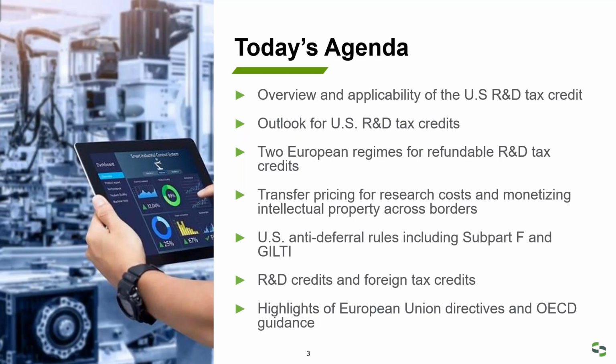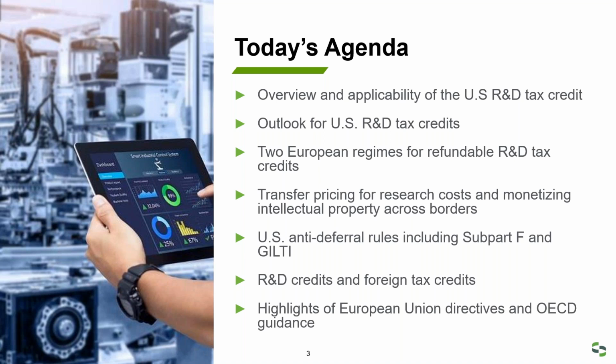We're going to start with Ron talking about an overview of the U.S. R&D system and how it works, and then he's going to highlight two of our European regimes that involve refundable credits. That's what we're focused on today in that arena.